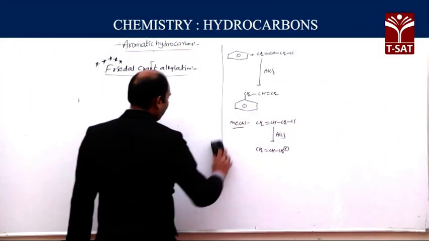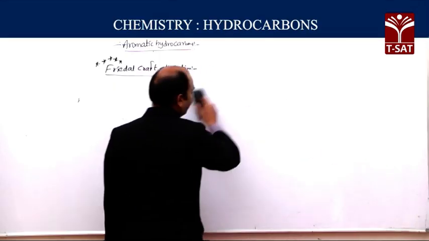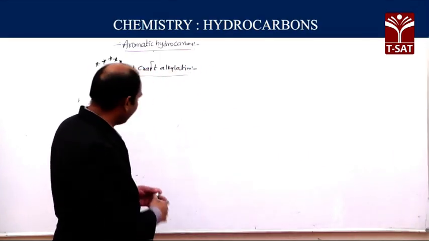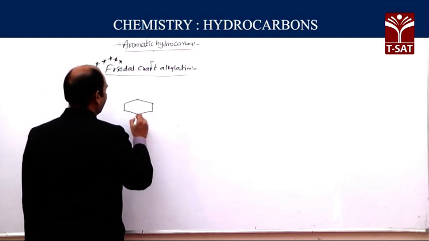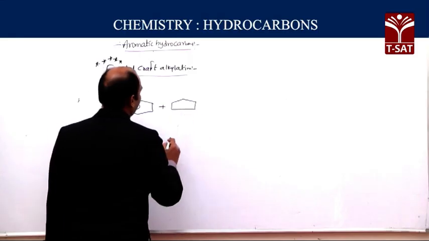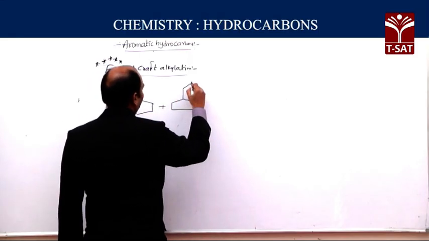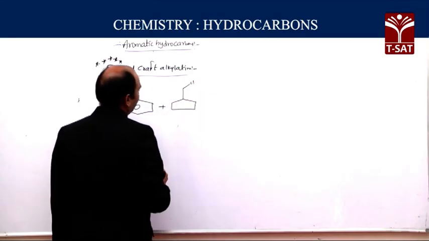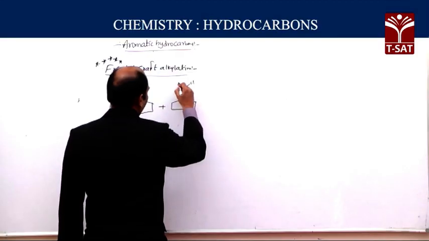Now let us discuss one more example, a superb example, where ring expansion takes place. See here, this is benzene. Benzene is treated with this compound, which has Cl and CH3.